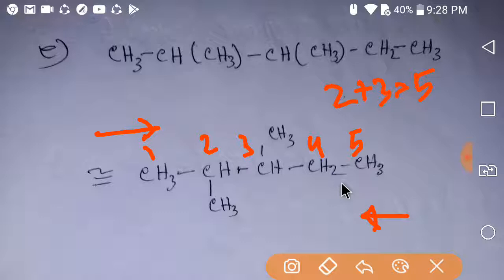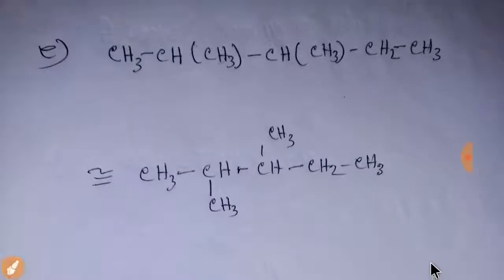If we number the carbons from right to left, then we are getting the methyl group at carbon 3, and then at carbon 2, right? So from these two ways we are getting an equal number, that is 5. So we can number the carbons from any side.